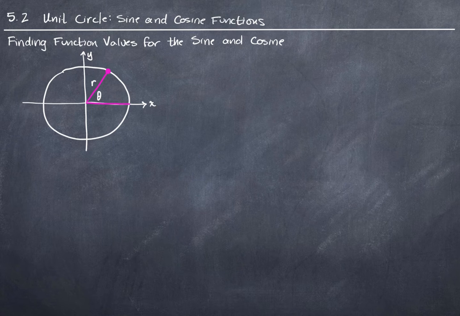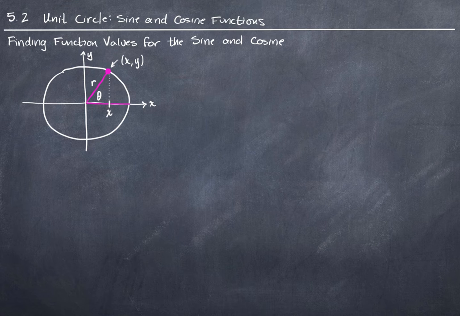Now, something else that we can do is take a look at what the coordinates of this point are. This point right here, we'll call it x comma y for now. Notice that if I drop a vertical line down, the x coordinate tells me how far in the horizontal direction I have to move in order to get to that point.